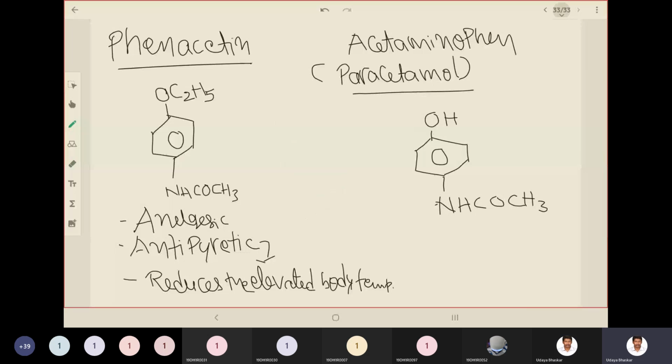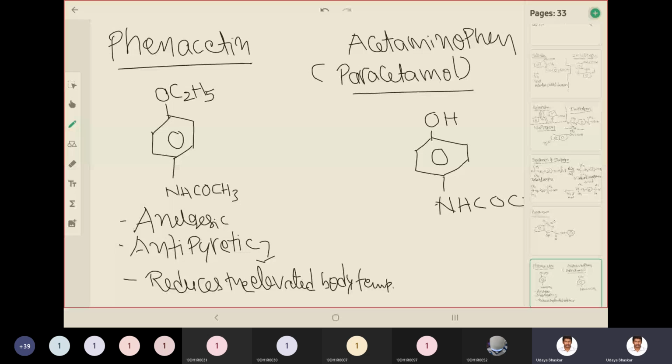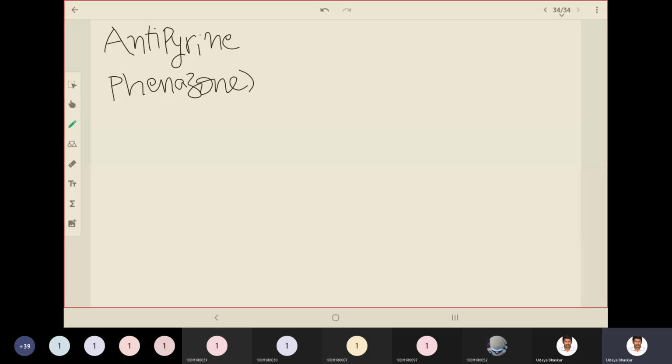Antipyrine and phenylbutazone. Antipyrine, the other name is phenazone. It is a pyrazole.